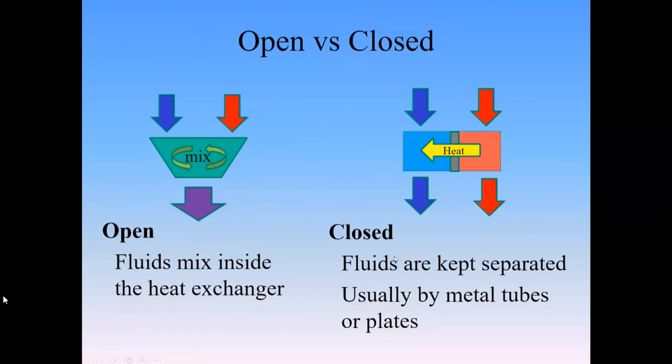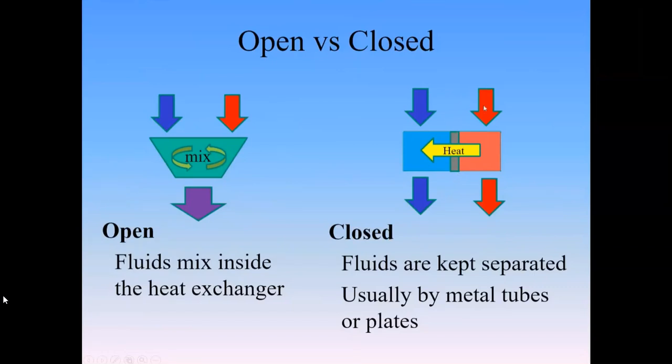The other one, more typical for an industrial process, would be a closed heat exchanger. A closed heat exchanger is one where we don't mix the fluids, so they're always separated from each other. The very basic one that we might have is two flows with a small little metal separation in between them.